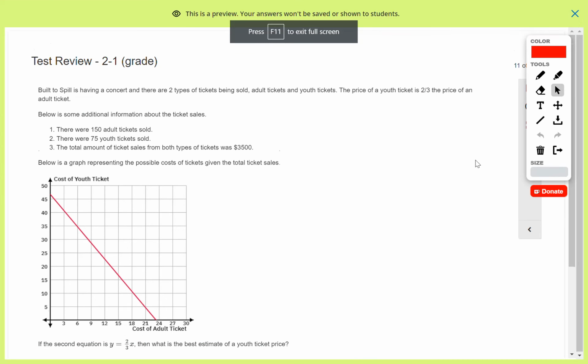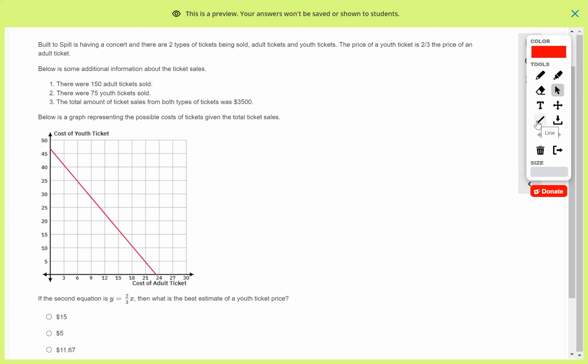Okay. Build to Spill is having a concert, and there are 2 types of tickets being sold: adult tickets and youth tickets. The price of a youth ticket is 2/3 the price of an adult ticket. Below is some additional information about the ticket sales. There were 150 adult tickets sold. There were 75 youth tickets sold. The total amount of ticket sales from both types of tickets was $3,500.